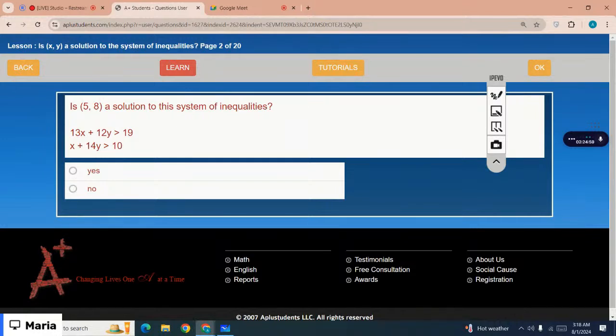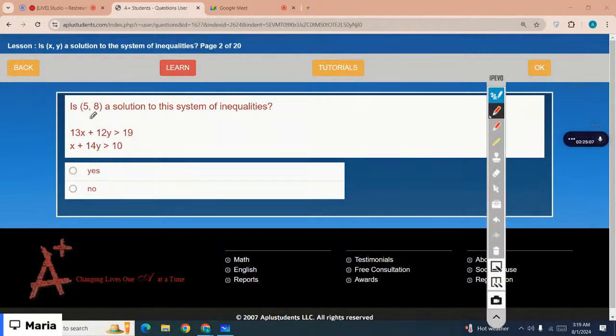Is 5, 8 a solution of the system of inequalities? Okay, the point is 5, 8, x is 5 and y is 8. That is 13 times 5 plus 12 times 8 greater than 19.